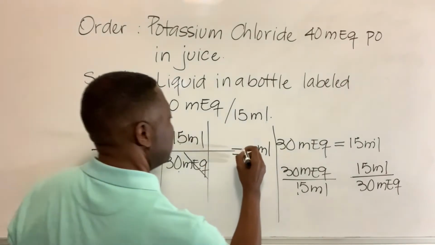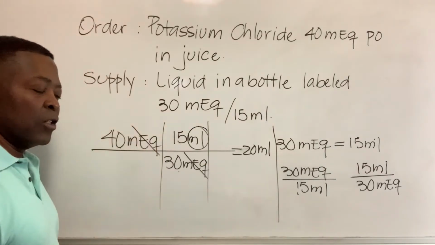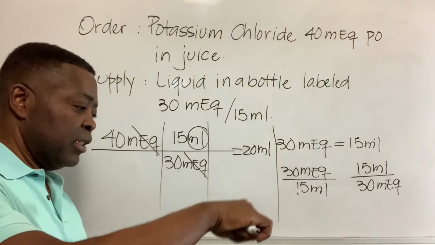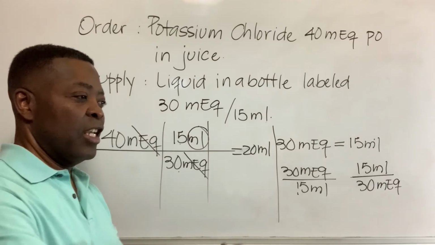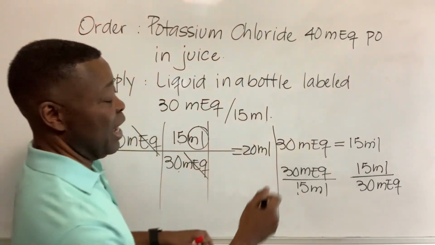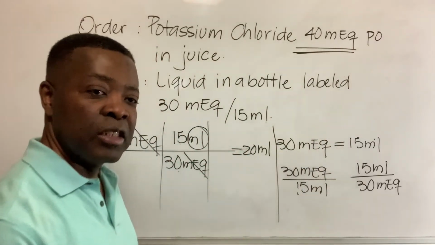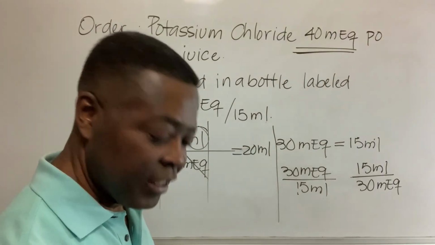So my answer is 20 and the unit is ml. So I'm gonna measure 20 ml of medication administered to the patient, which will be the same as 40 milliequivalent. All right? I hope you got it.